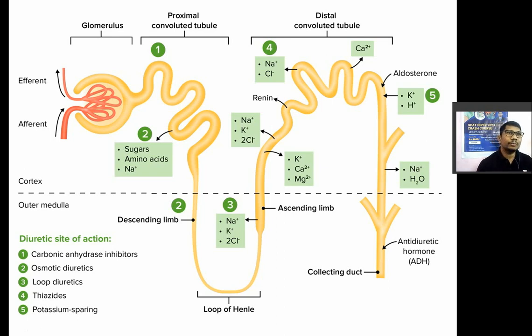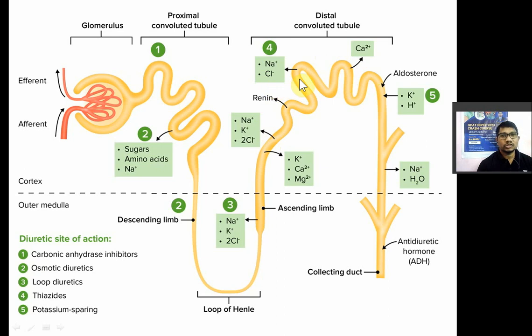So 99% of whatever blood is filtered is reabsorbed. Only 1 to 2% is excreted as urine. Now those vitamins or those ions which are extra in your blood are actively secreted in the lumen of your nephron.